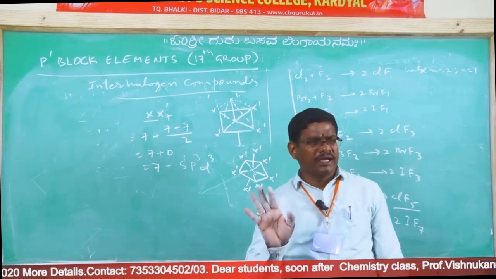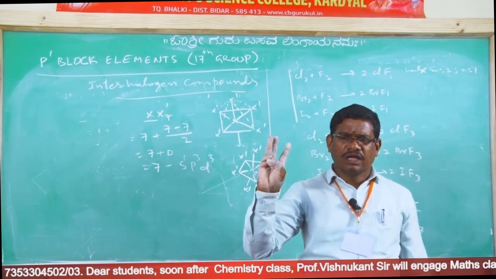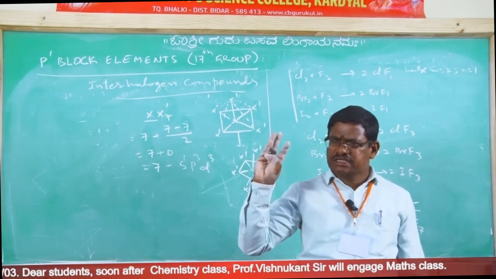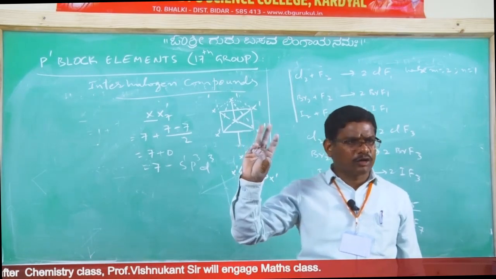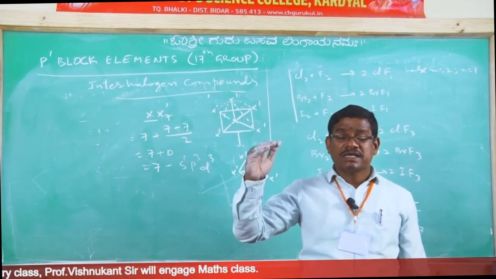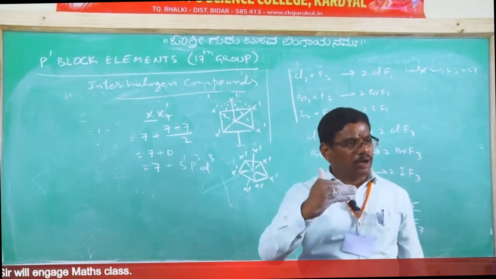Clear na? So mainly in this lesson, first what we covered: who are the elements, why the term halogen has come, their atomic number, their mass number, general physical characteristics, followed by general chemical properties.